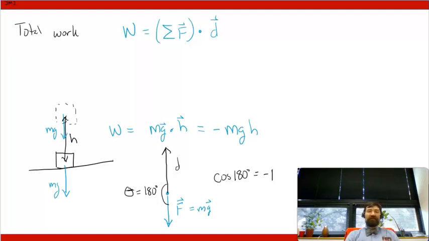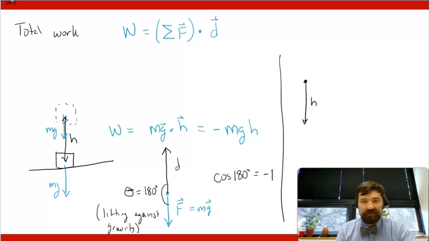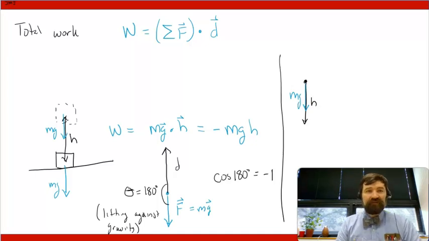On the other hand, if my object starts up here and is released and falls to the ground, so this is, we could say, lifting against gravity. If I let it fall with gravity, then I have a slightly different case. Falling with gravity means now the object falls this far, h, and gravity the entire time is also straight downwards. So m times g.